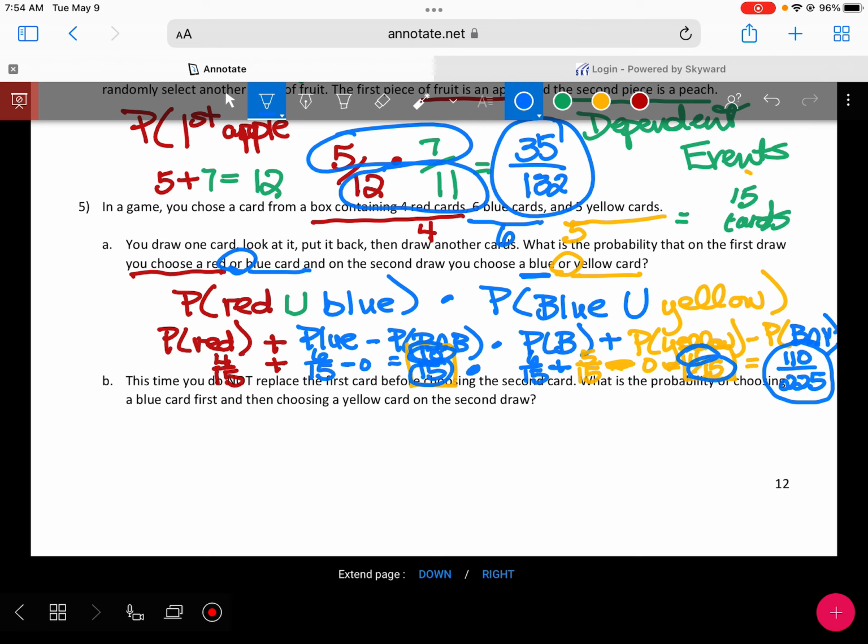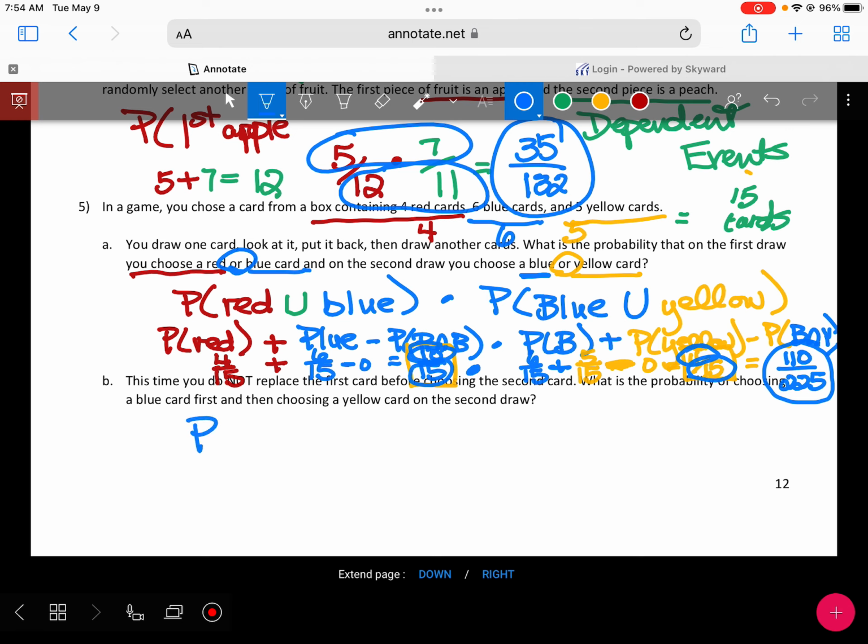All right, letter B. This time, you do not replace the first card before choosing the second card. What is the probability of choosing a blue card first and then choosing a yellow card on the second draw?